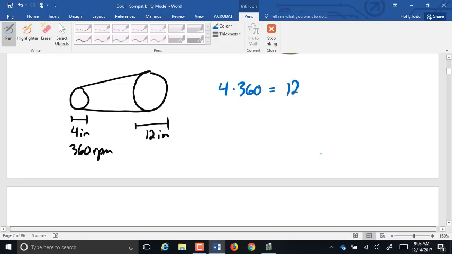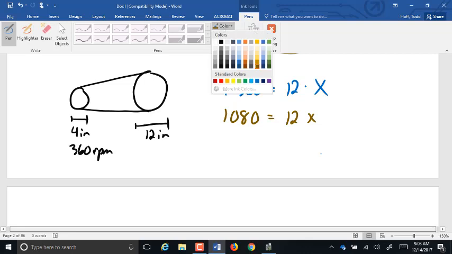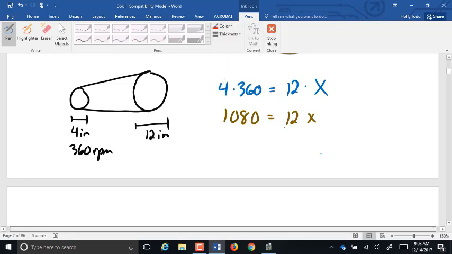The other one would be 12 times X. 4 times 360 would be 1,440. I was doing 3.